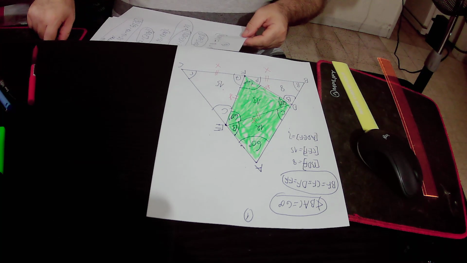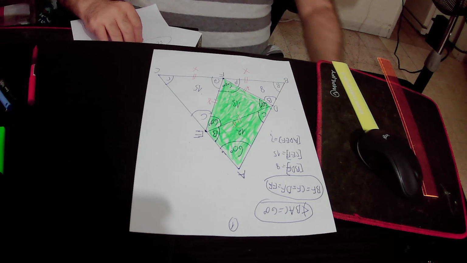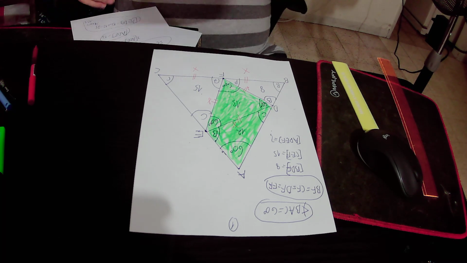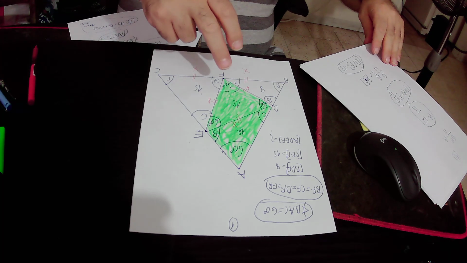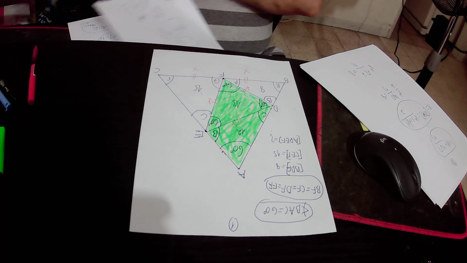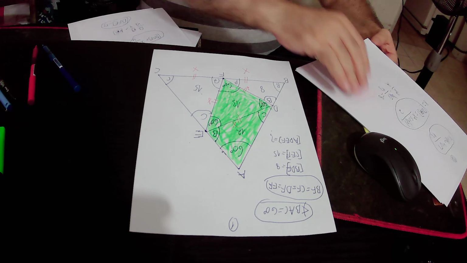Now I will summarize the lecture. Actually, we wanted to find out the area of the green shape, or the area of quadrilateral ADEF.